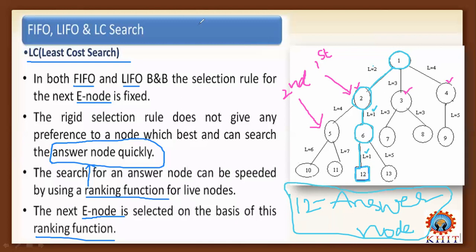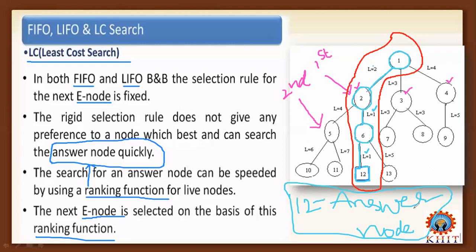The path you selected for getting the answer node is clearly marked here: 1 to 2, 2 to 6, 6 to 12. If you consider this path, you will get the least cost search. Within the minimum number of iterations, you will get the answer node.